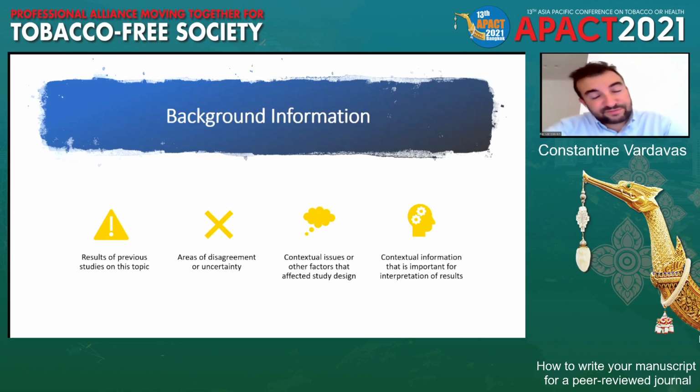Of course, there were many factors behind some of the published work, but we'll talk about that tomorrow morning's session. I think Stan Glantz is also in that session, so it should be a very interesting one. So: areas of disagreement or uncertainty, other factors that could affect study design, and other information that gives context.